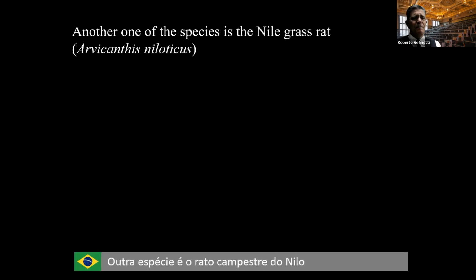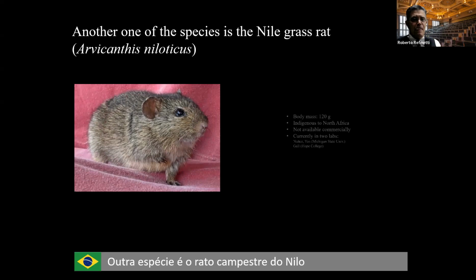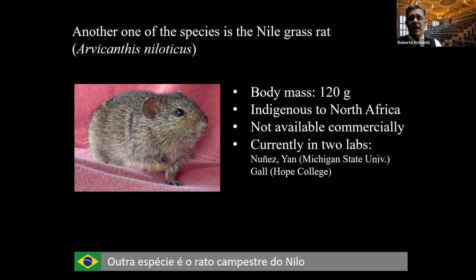Another of these four species is the Nile grass rat, Arvicanthis niloticus. The body mass is 120 grams, so bigger than a mouse, also bigger than a gerbil, but not as big as a rat. Well, a very young rat, 120 grams.